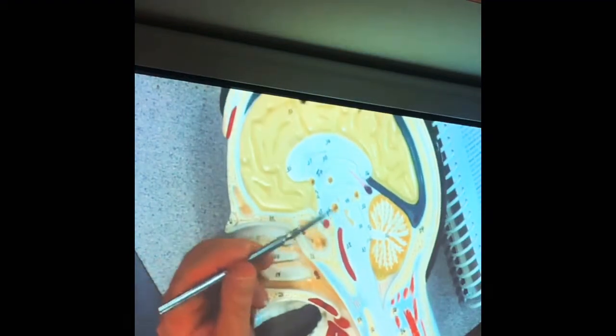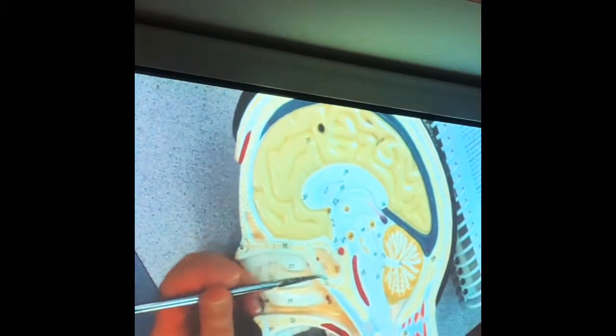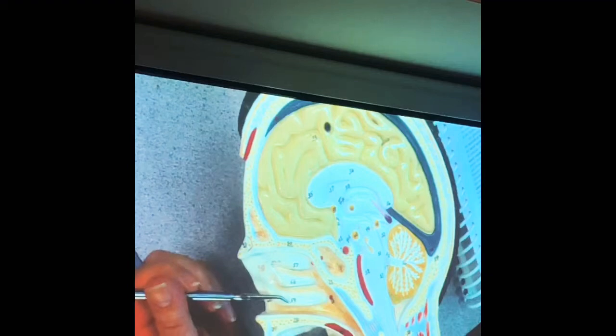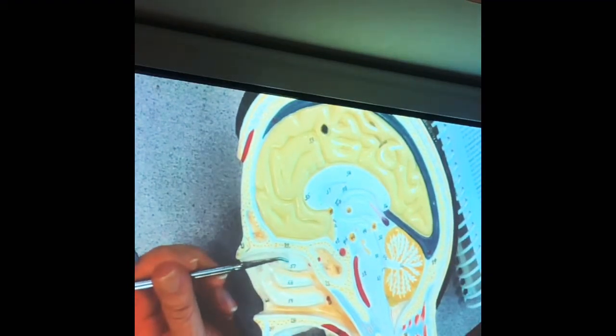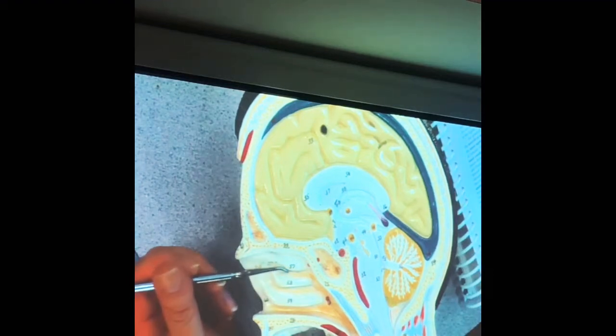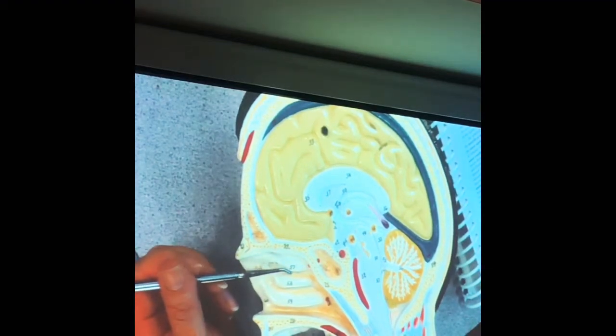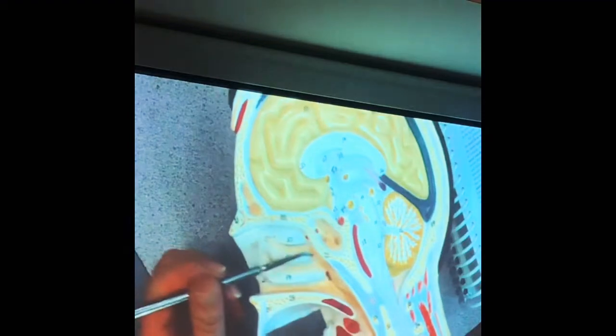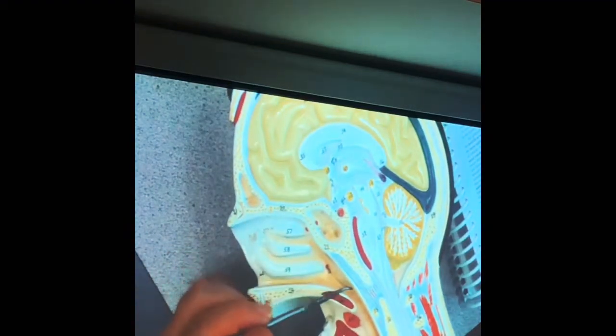These are, where are they? Here. The inferior, middle, and superior concha with the inferior, middle, and superior meatus. They go into the nasopharynx, the oropharynx, the laryngopharynx.